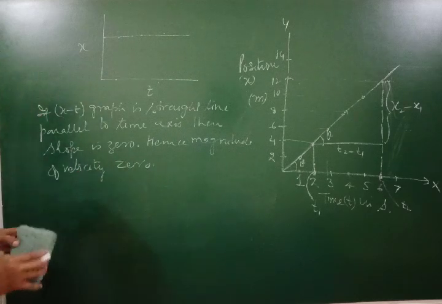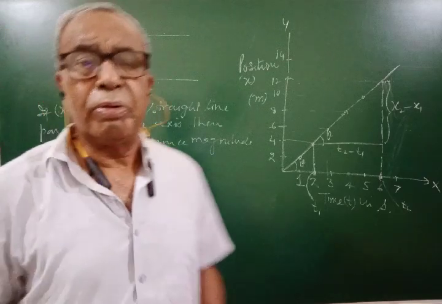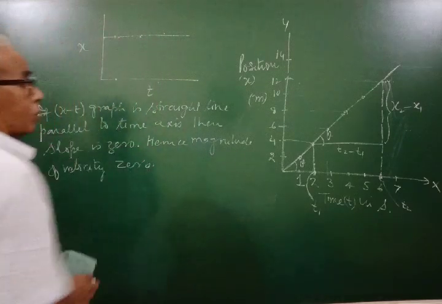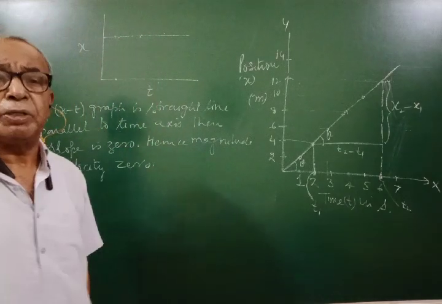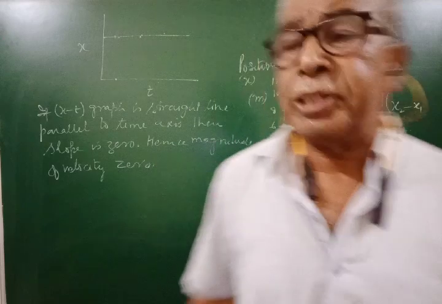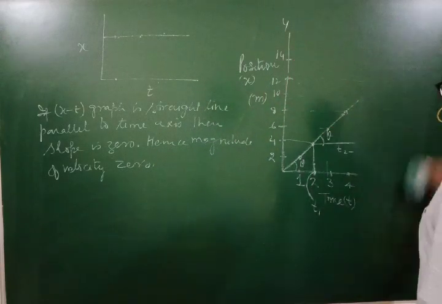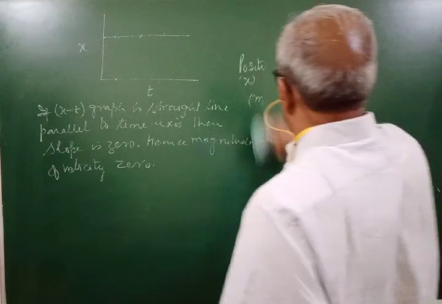But it will be quite apparent from the graph. At this time the position is the same, here the same, the body is at rest. So you can say directly if the x-t graph is a straight line parallel to the time axis, then the body is at rest. Now what happens if the graph is a curve?